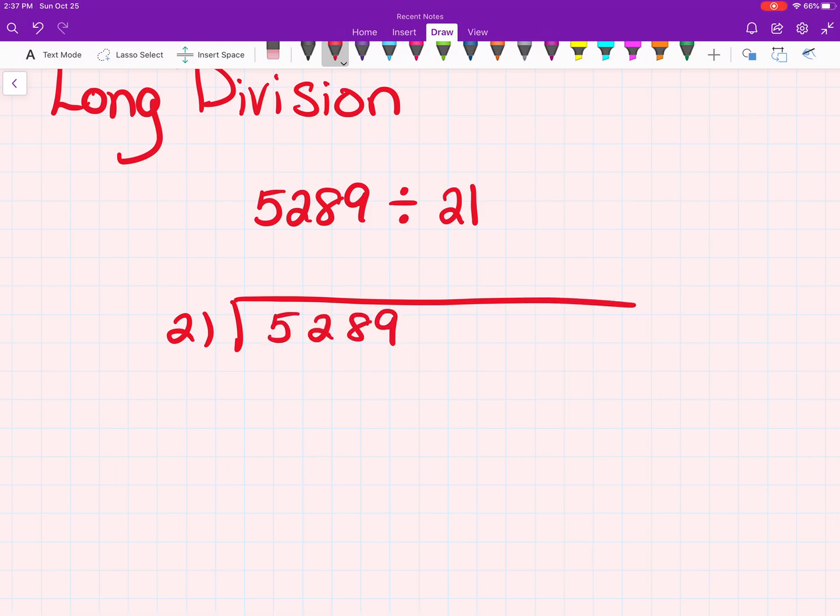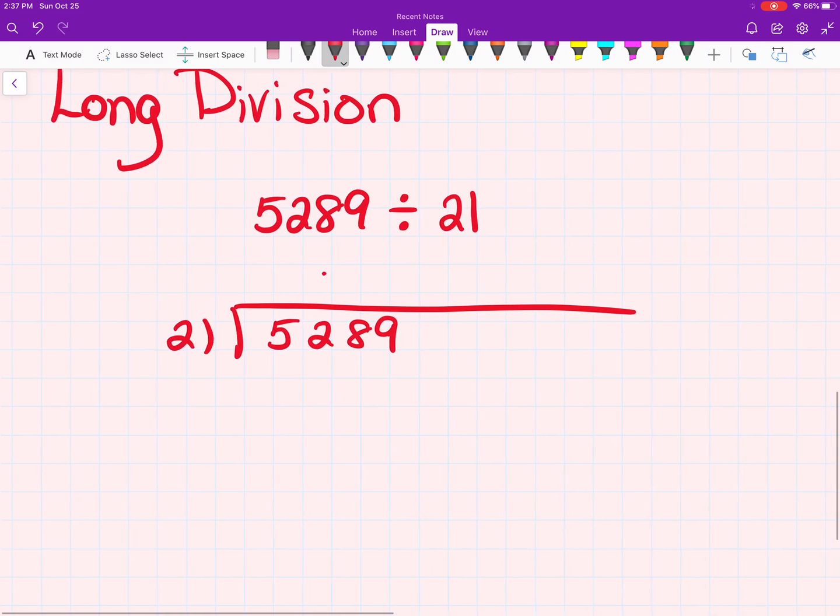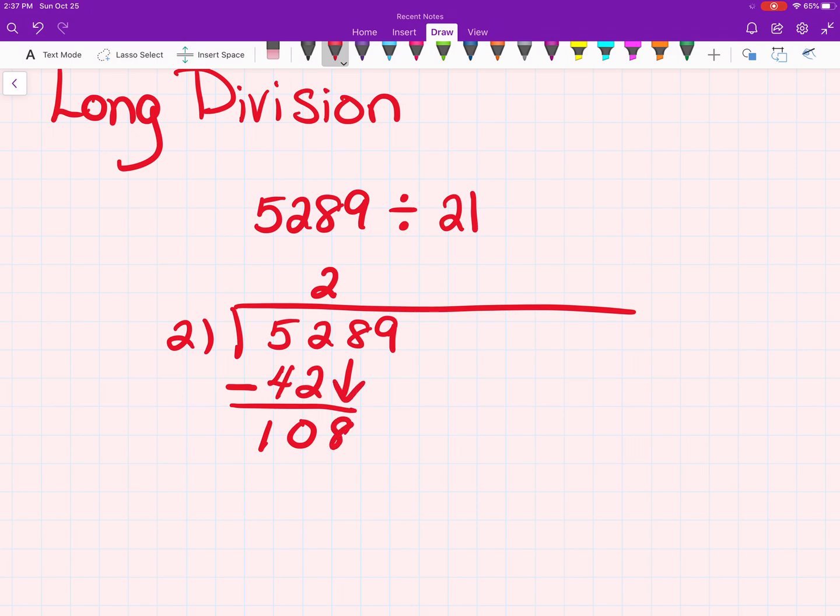We'd figure out how many times does 21 go into 52. So, well, it wouldn't go in, would 2 work, 3 work? I'm going to start with 2, and that would be 42. I subtract this whole thing from that, so that's going to be 10. I bring down the 8. 21 goes into 108. Well, 2 goes into 10 5 times. So it's going to be close to 5. Let's try 5.